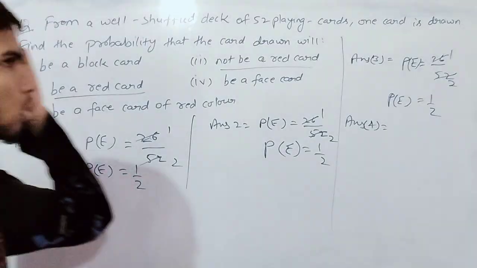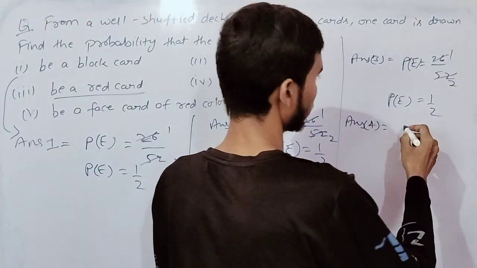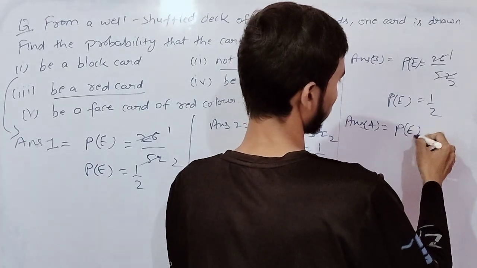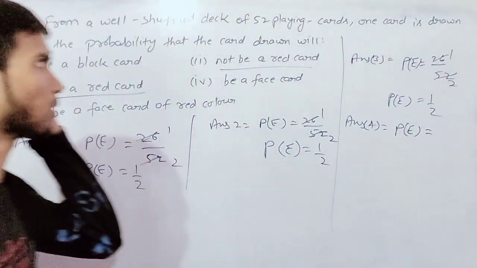Answer of the fourth question, be a face card. So 6, 6, 12. There are 12 face cards in 52 cards.